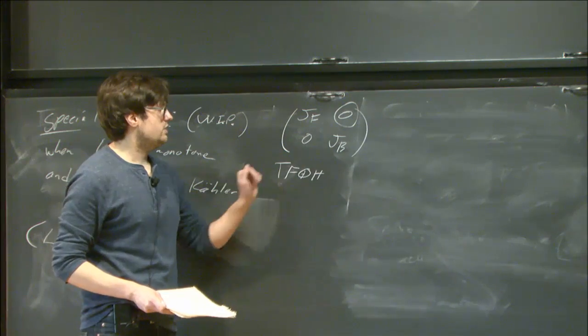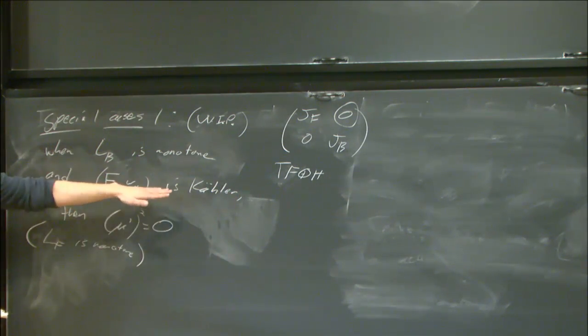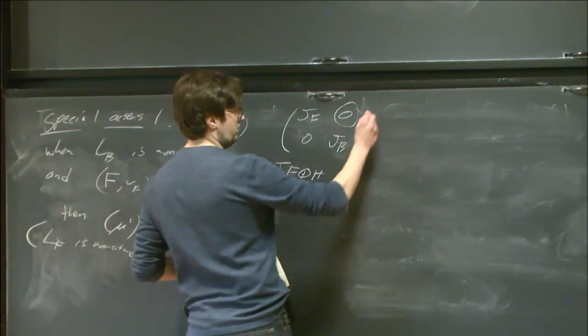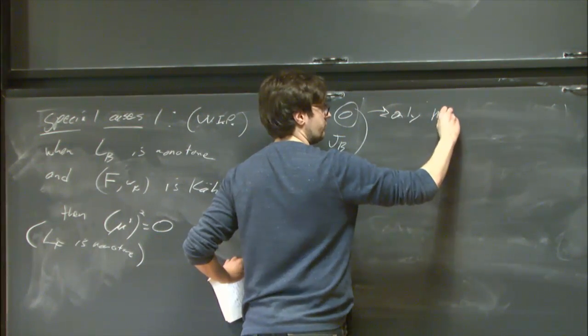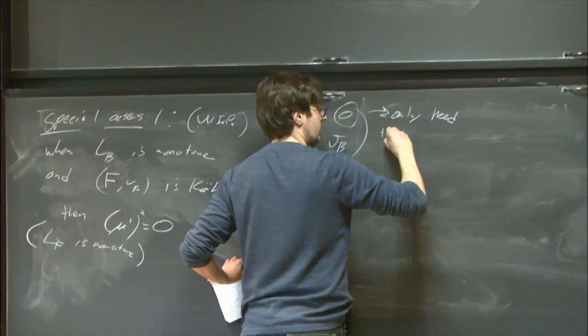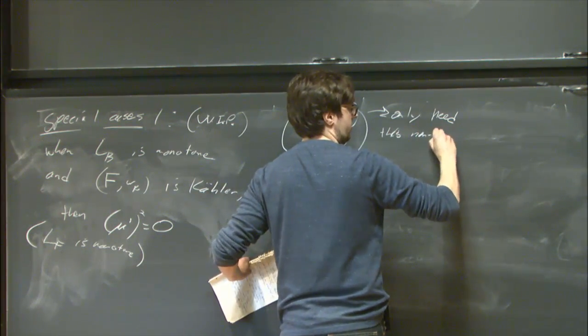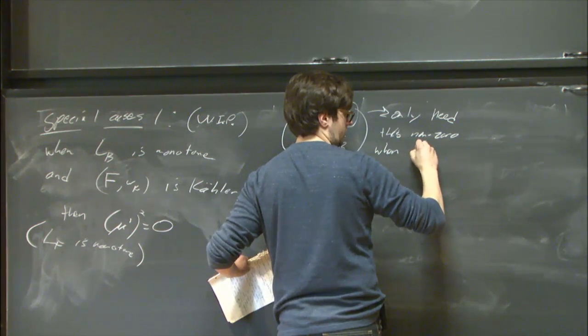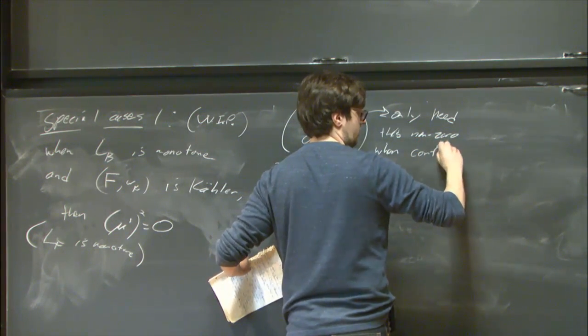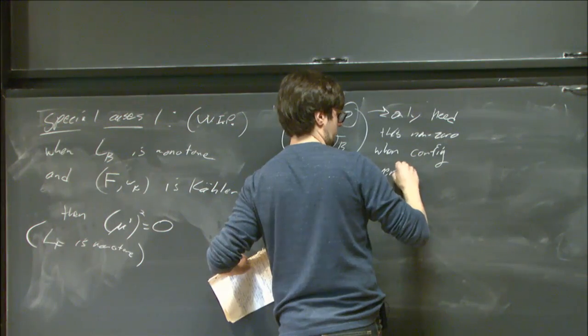Okay, but in this case, because of the Kähler assumption, we only need this non-zero when the configuration is vertically constant.